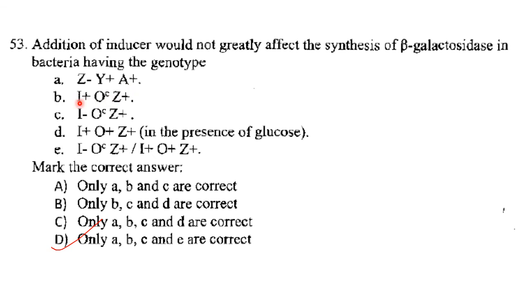Then next one. I plus Oc Z plus. So the operator is constitutive. Oc means constitutive operator, and the repressor will not bind to this particular operator. It will synthesize beta-galactosidase. So even if you add inducer, the inducer will become bound to the repressor, but the repressor already is not attaching to the operator because it is mutated, it is a constitutive operator.